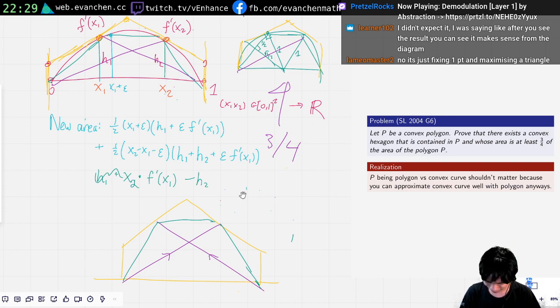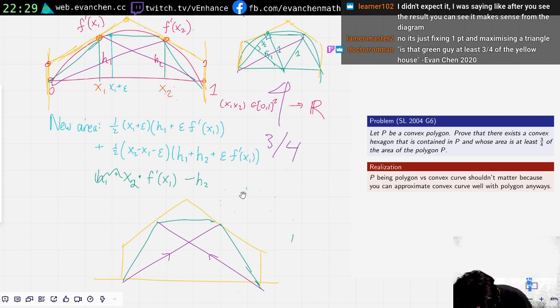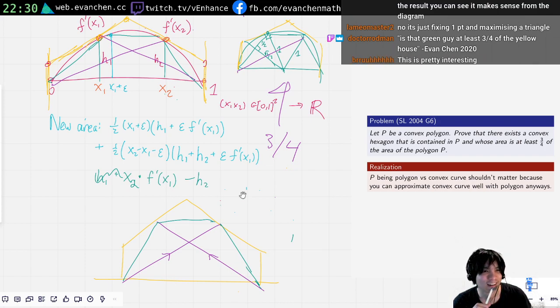I have no idea whether that's true. I hope it's true, because I'm running out of ideas. Is it true? Does someone want to do this calculation for me? Because I'm really confused.